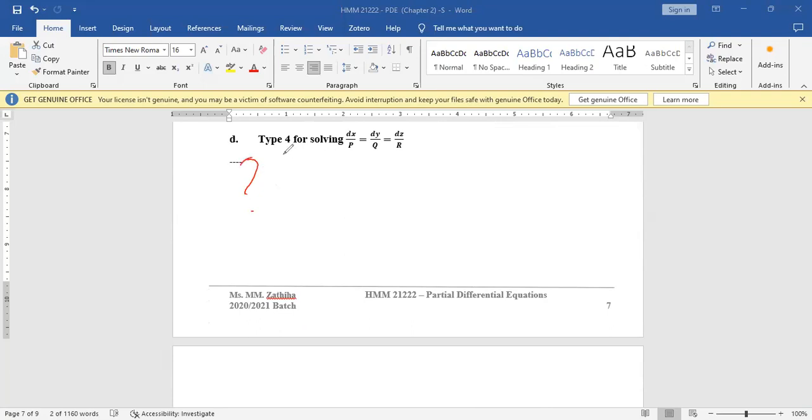So write with me: type number 4, for solving auxiliary equations. I'm going to write the notes, and something I may tell you, so you can write it down. Give me a second.